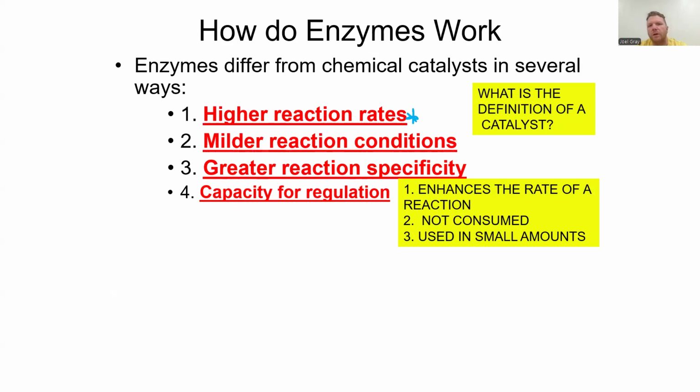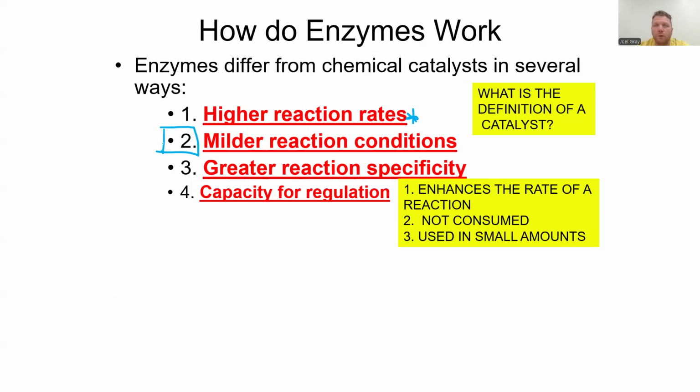Firstly, whenever I think about higher reaction rates, we're going faster with a biological catalyst, an enzyme, than with an inorganic catalyst or an organic catalyst for that matter. We have milder reaction conditions.